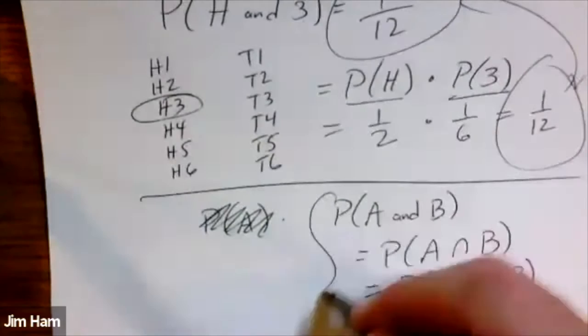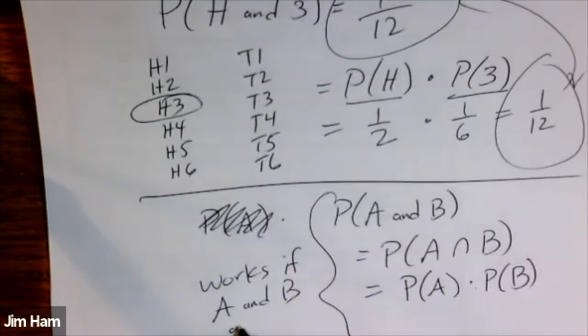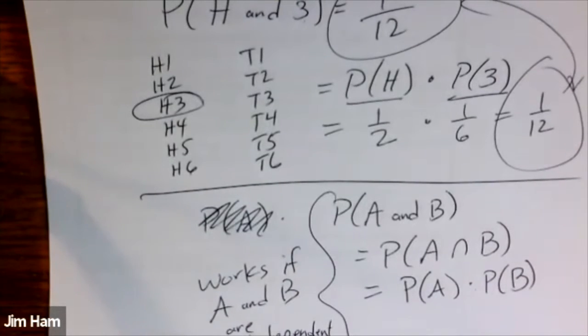But this one only works if A and B are independent, like flipping a coin and rolling a die.